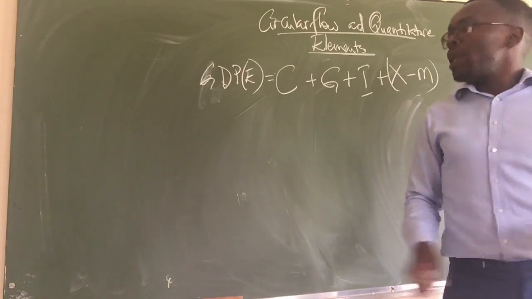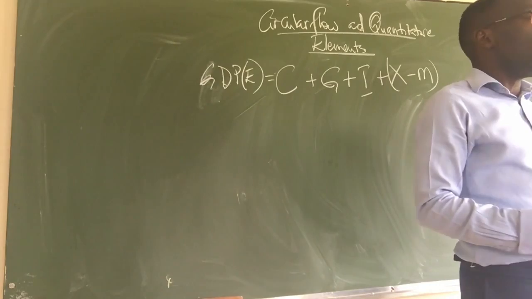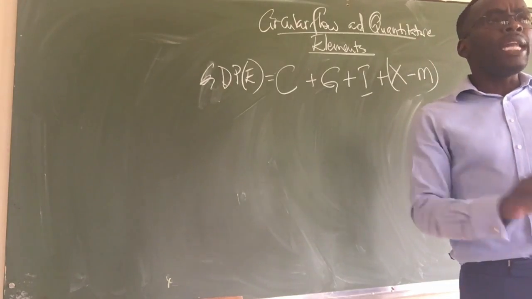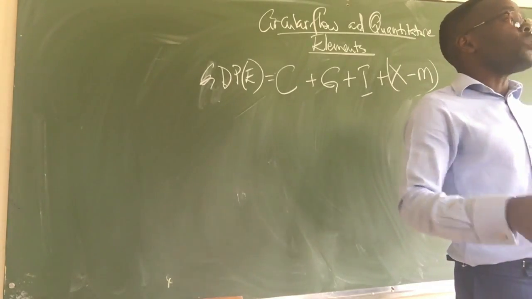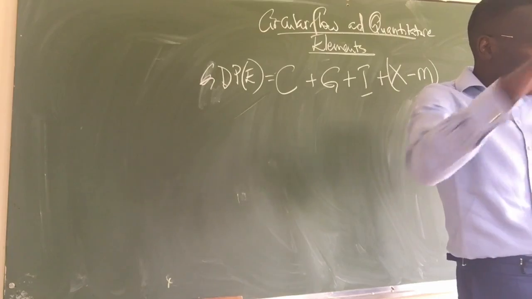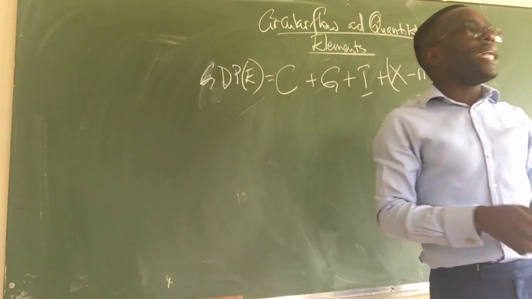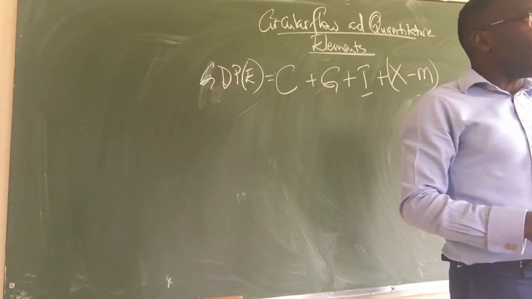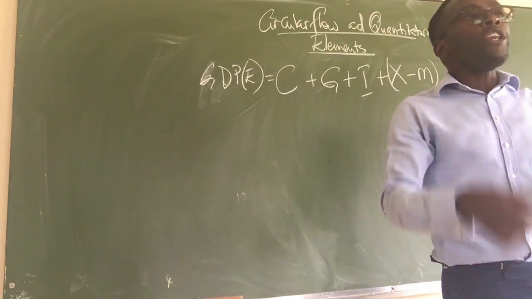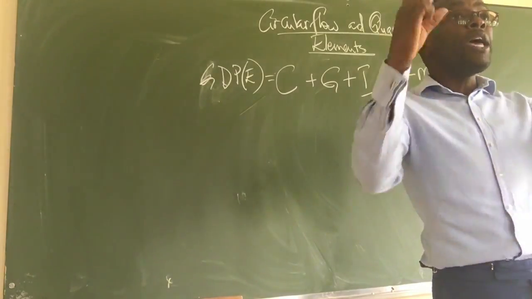Are we together? Now, when you look at the expenditure method of calculating our gross domestic product, what we are in principle saying is we are looking at the total value of expenditure that was incurred on goods and services that were produced within the borders of a country.